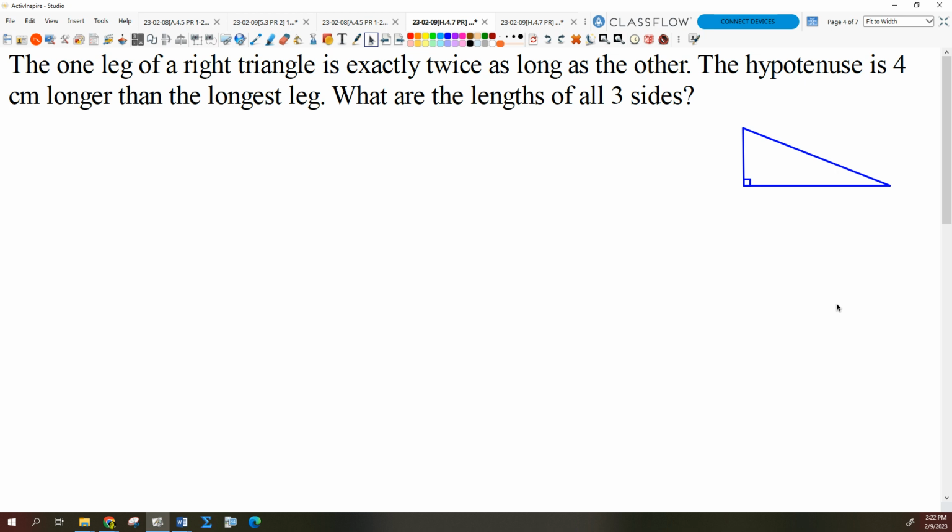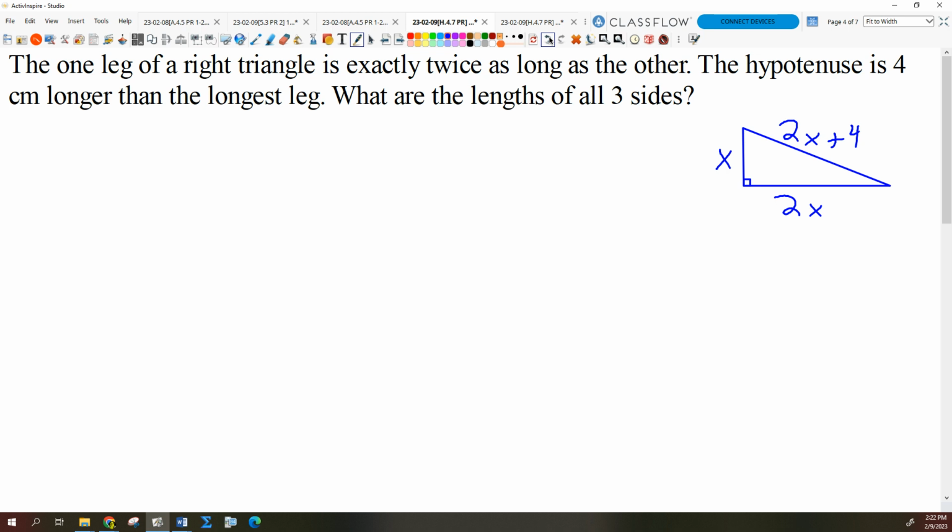Good. So we could say this is the short leg x. This one is the longer leg, that's 2x, and the hypotenuse is 4 longer than the longest leg. So 2x plus 4.